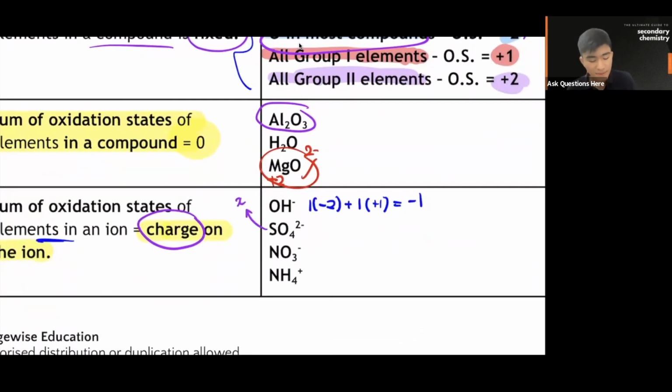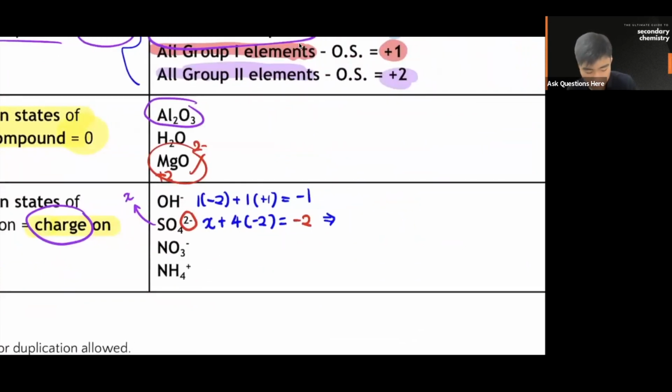For those of you who are not so good in math, don't worry, follow me. If I have X plus 4 times, oxygen is how many? Minus 2, right? Remember, oxygen is minus 2. And this will give me the total charge on the ion, which is 2 minus. Then very conveniently, I can do some math.